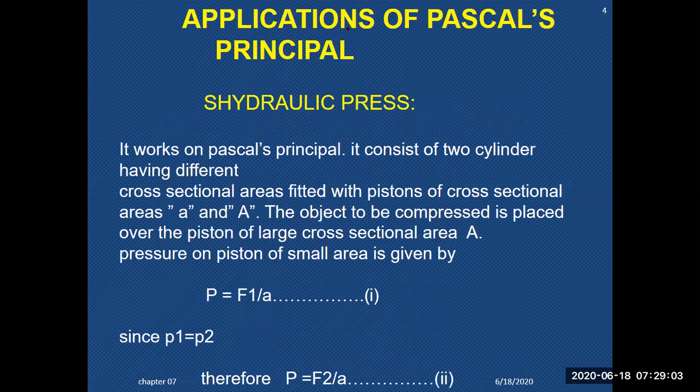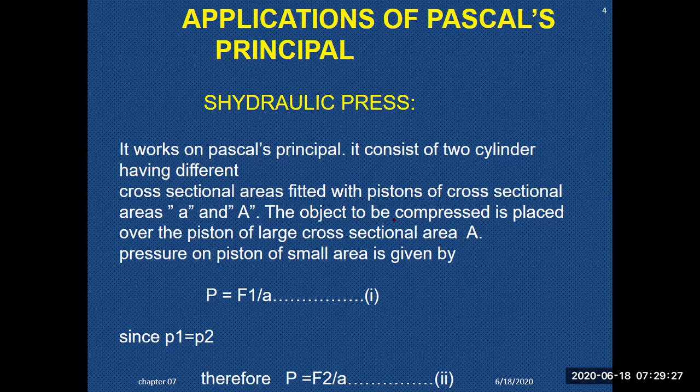Applications of Pascal's law: the hydraulic press. It works on Pascal's principle. It consists of two cylinders having different cross-sectional areas, filled with pistons of cross-sectional area a and A, small a and capital A. These are the two sizes of pistons, and we will see them in the figure.